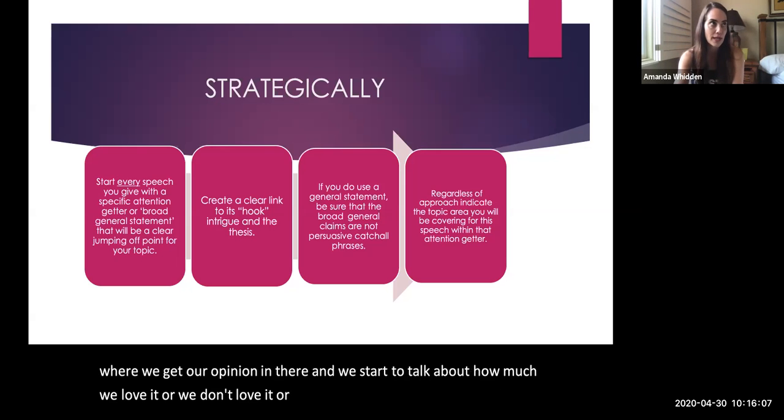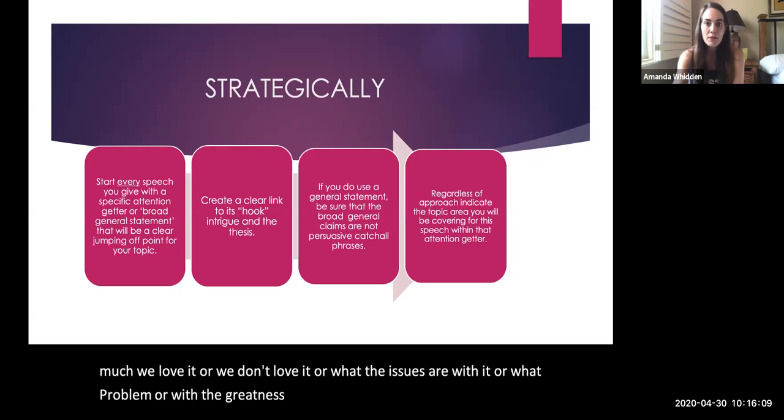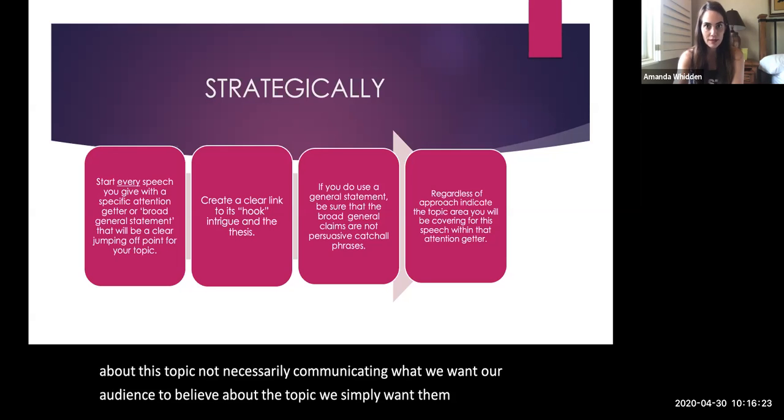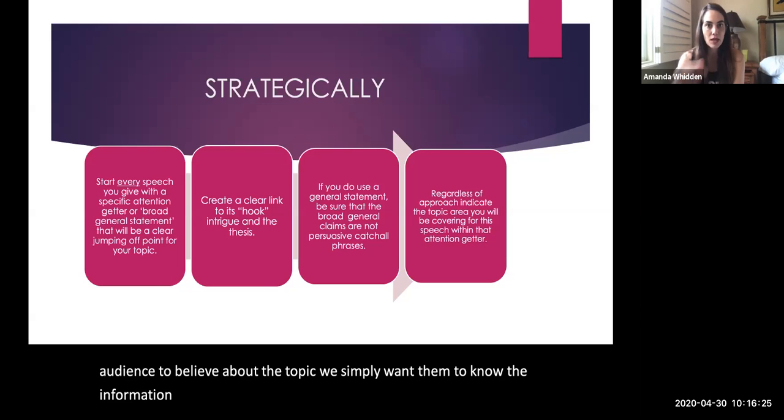Remember, this is for us to tell the audience about this topic, not necessarily communicating what we want our audience to believe about the topic. We simply want them to know the information, not believe something is proven to be true.